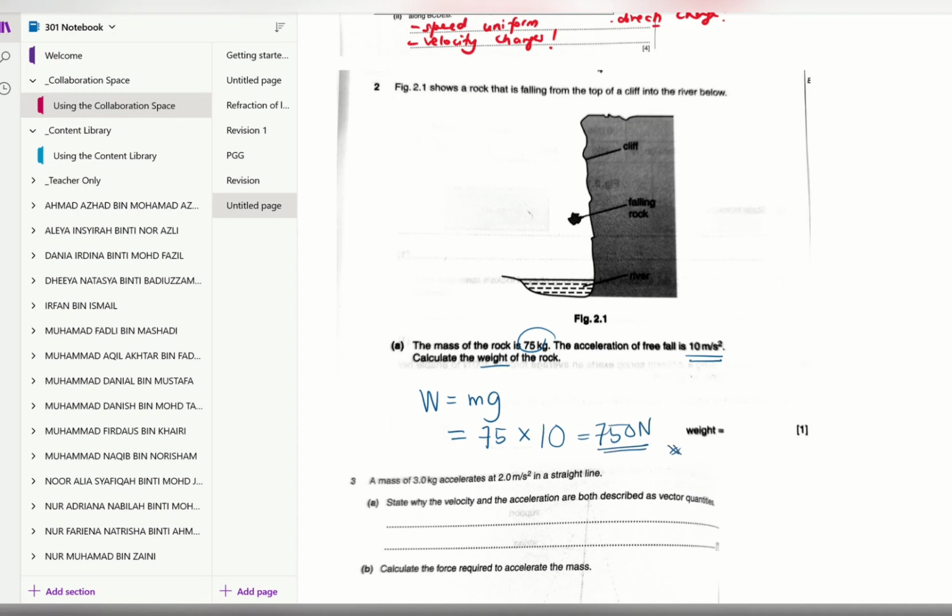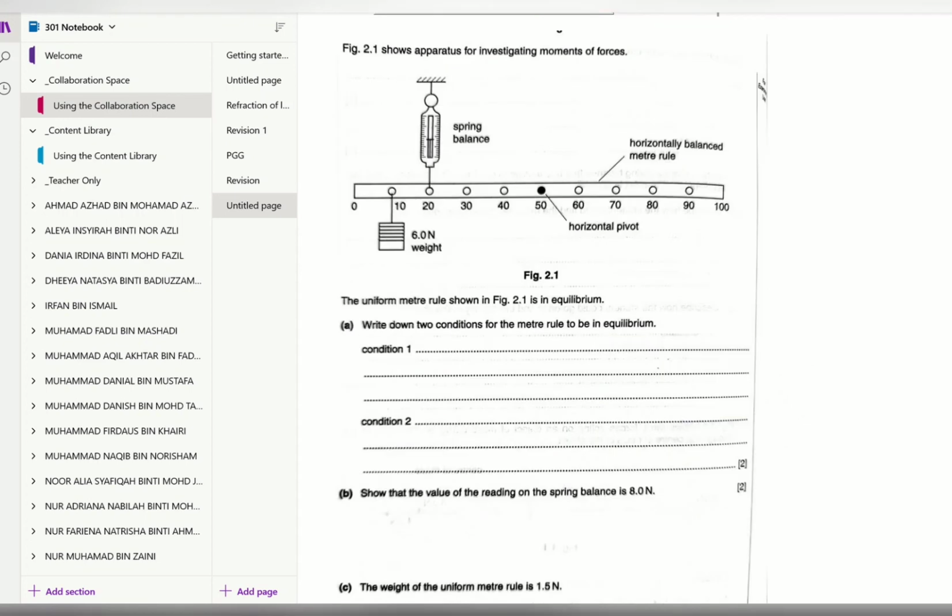So that's the weight. Okay, this question. The uniform meter rule shown is included.